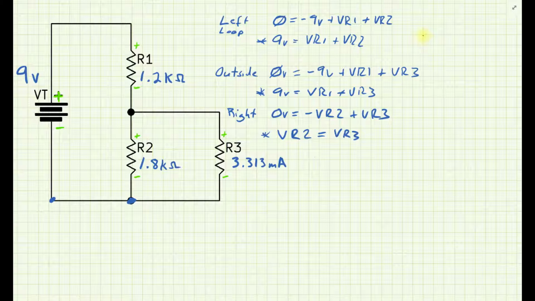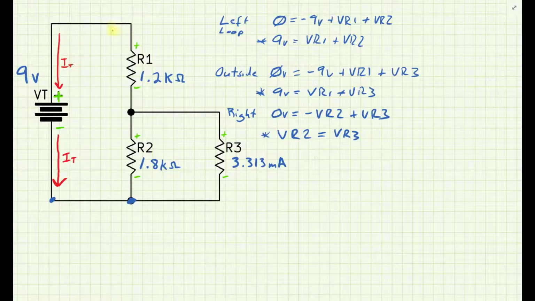So the next thing, as I told you a moment ago, I'm now going to start looking at current node analysis. I've only got one power supply, so I could identify the current leaving the source as I total, and I could also identify the current coming into the source as I total.